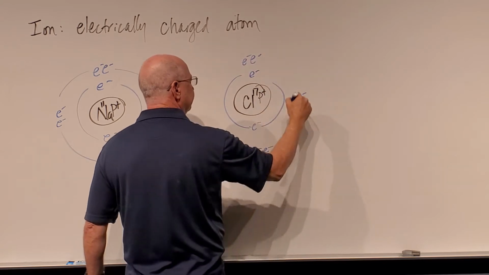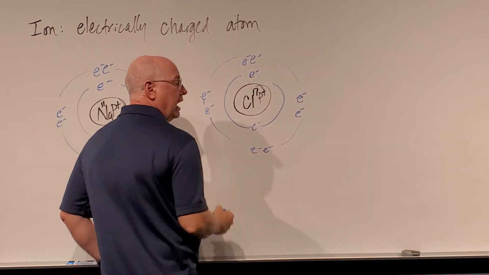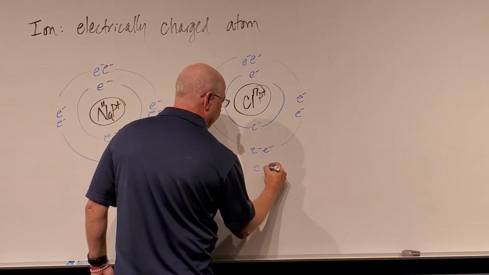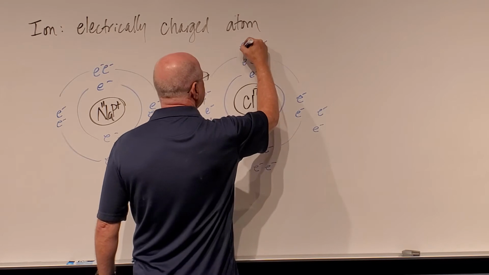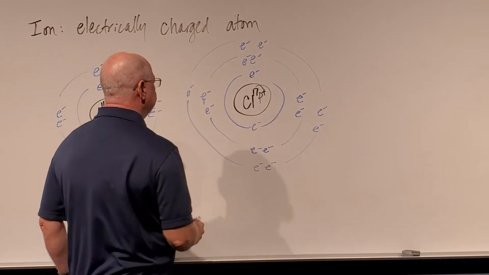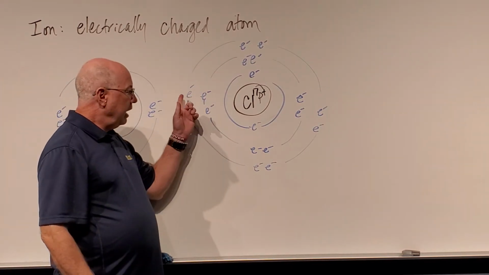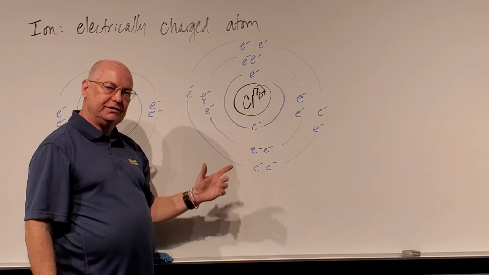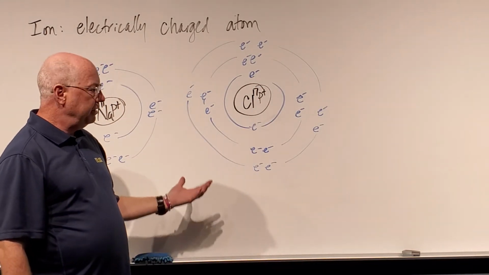That's going to give me 10. I need 7 more. So the chlorine atom has 17 protons and 17 electrons. If we drew its electron diagram, this is what it would look like.